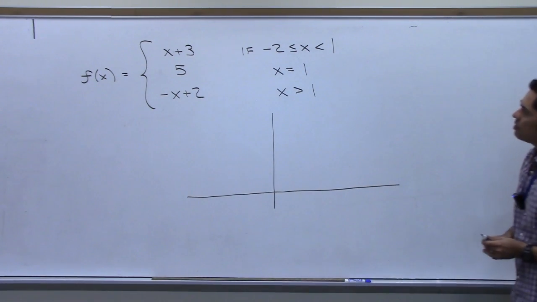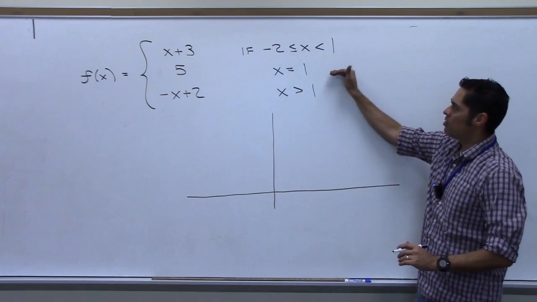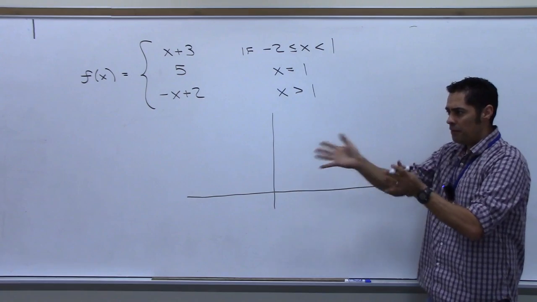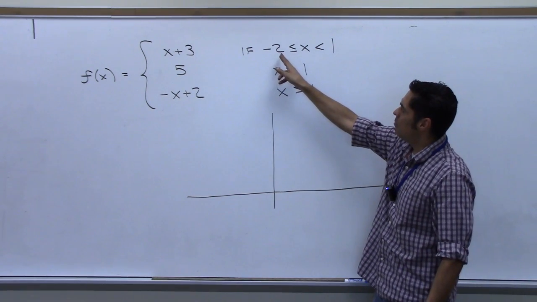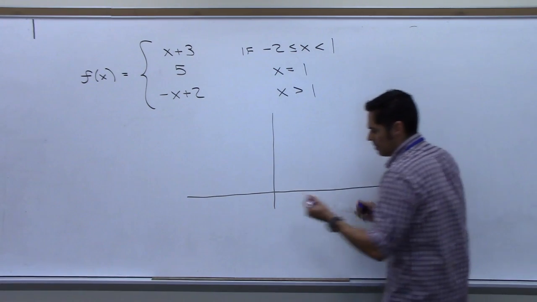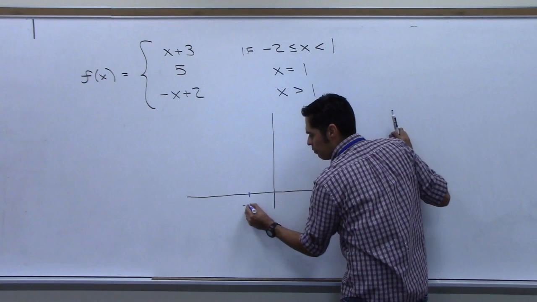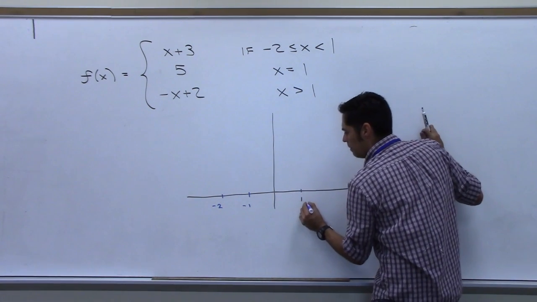I'm going to first take a look at the different pieces, which is where we funnel the inputs coming in. I have one that's when my x's are between -2 and 1. Now graphically, here's -1, here's -2, here's +1.